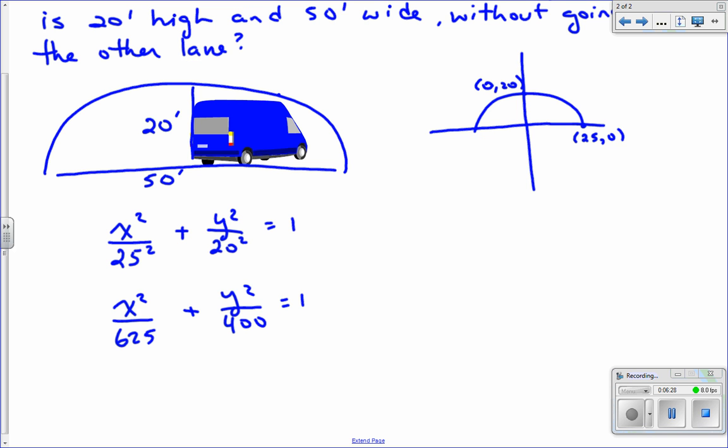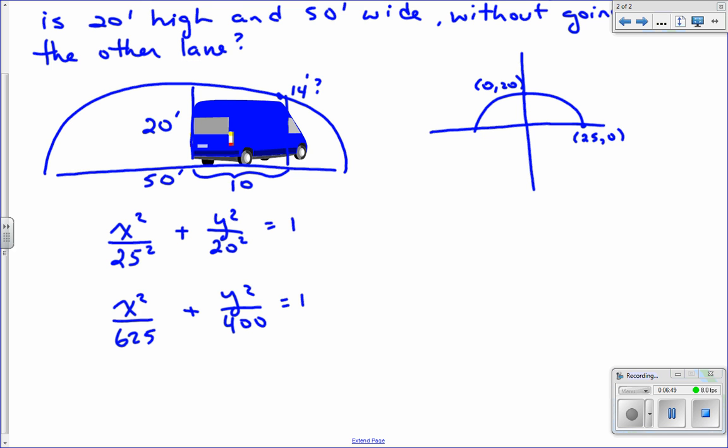So we want to see when we go 10 feet across, are we more than 14 feet high? In other words, when x is 10, we want to make sure that y is at least 14.